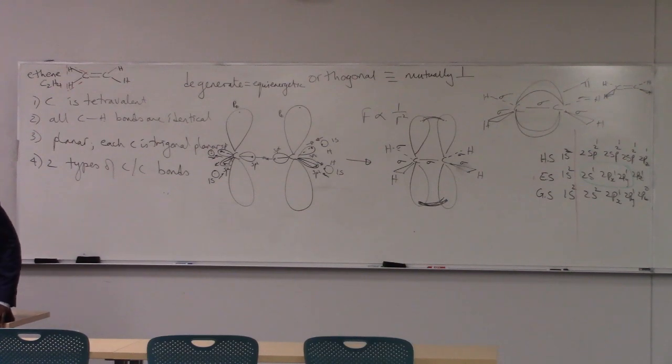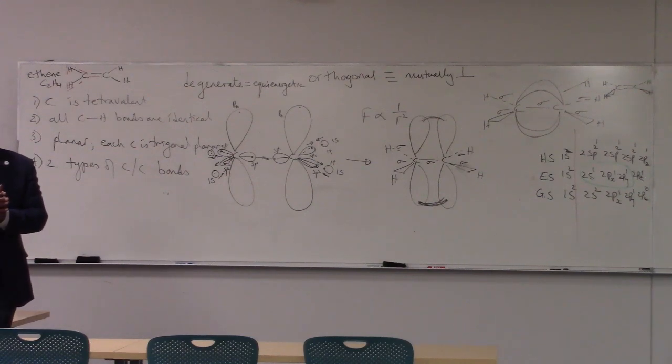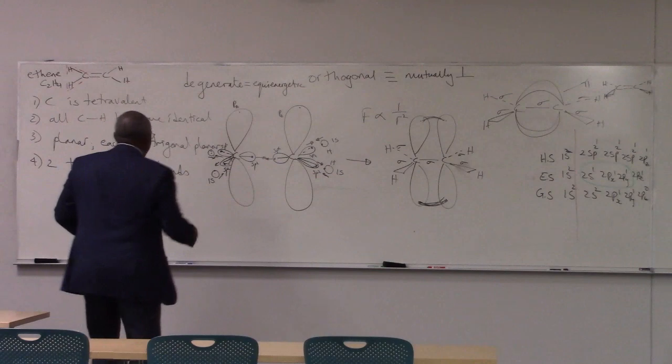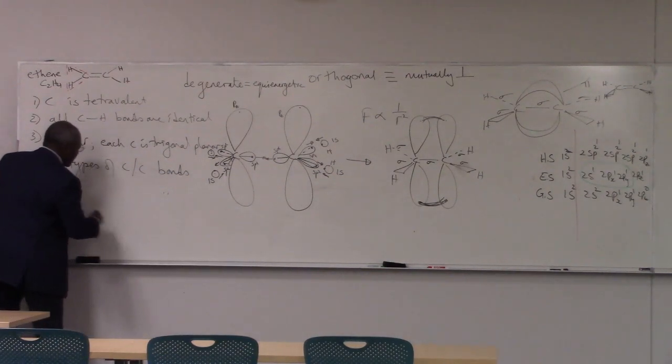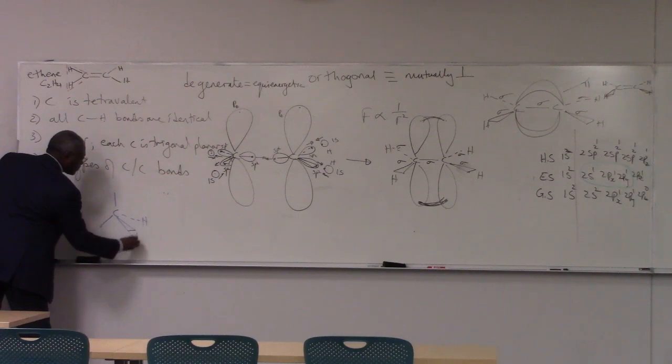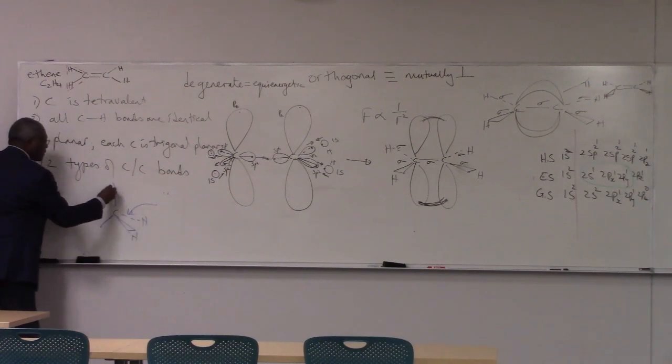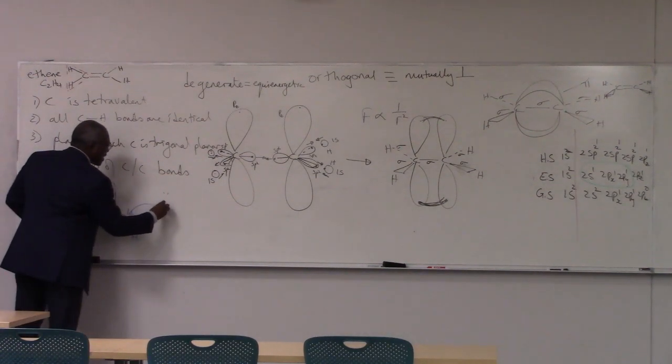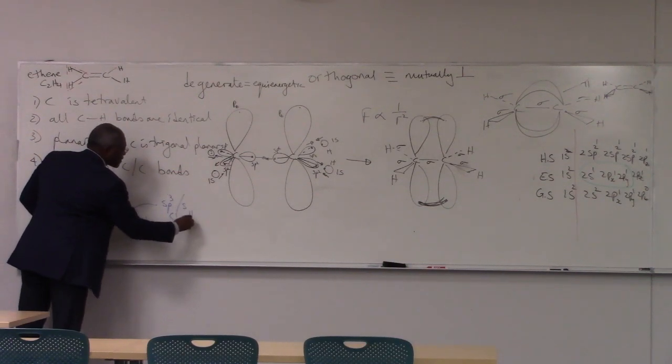You notice that we have looked already at 3 different types of sigma bonds. When we did methane, in methane we had a bond between the sp3 of carbon and the s of hydrogen.